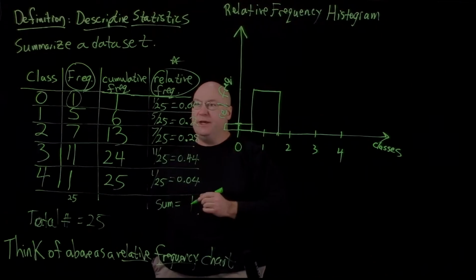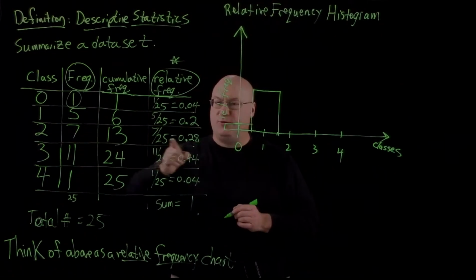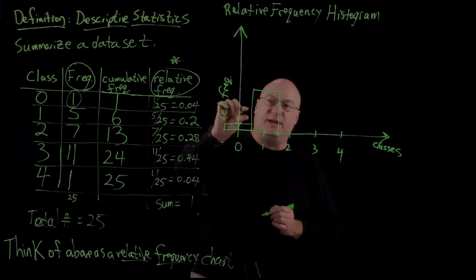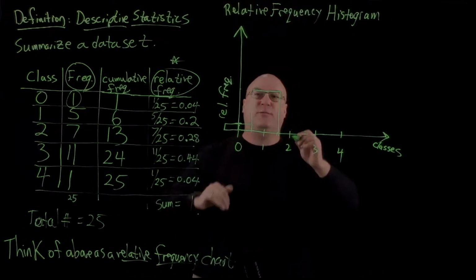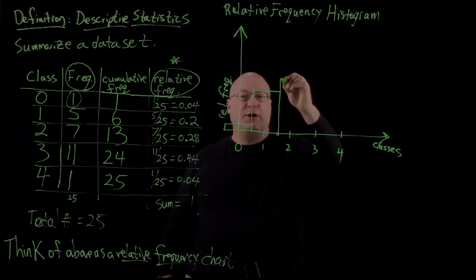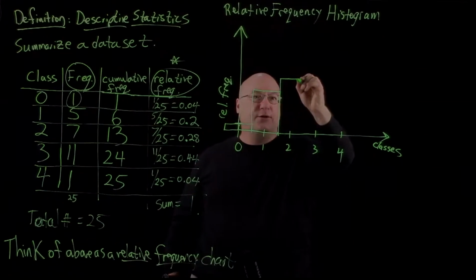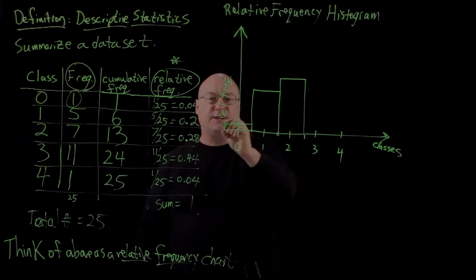Then for number 2, I've got to go up to 0.28, which is 7 times that. 1, 2, 3, 4, 5. It's a little bit tall probably, but I'm not going to worry about it too much. So I go up about 2 more of these and over and down. And I should be labeling these.